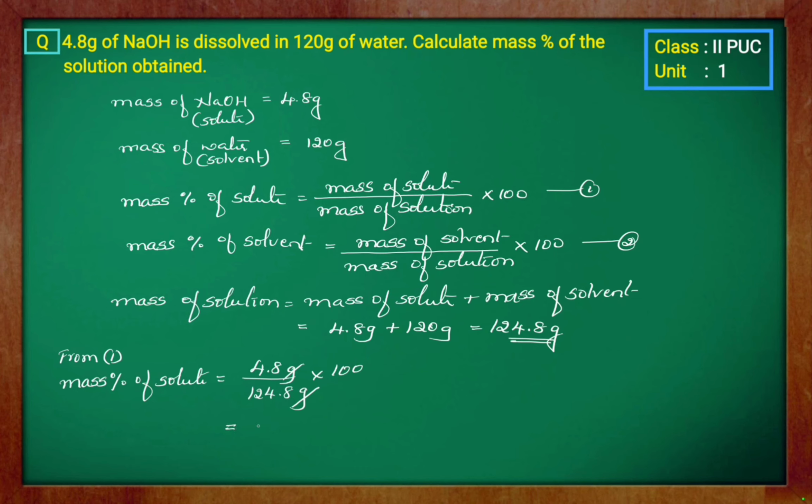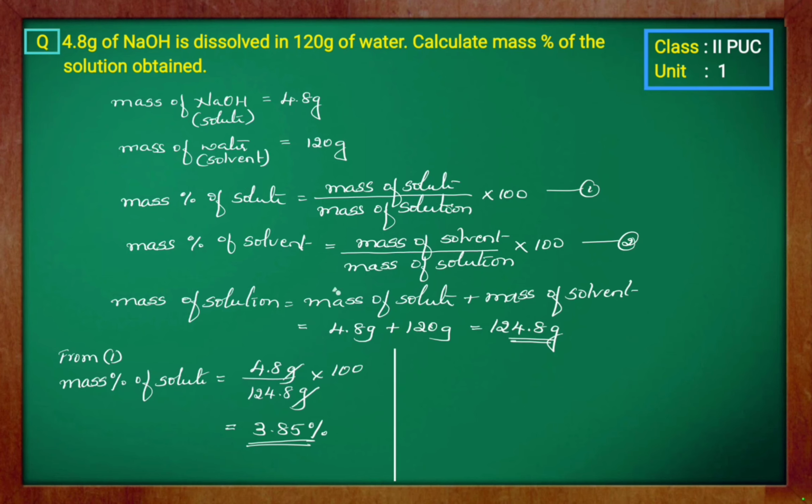After simplifying, we get the answer as 3.85%. So now we need to determine mass percentage of solvent. That is very simple to calculate. The total percentage when you consider the solution is 100. So we can subtract mass percentage of solute from the 100 to get mass percentage of solvent.